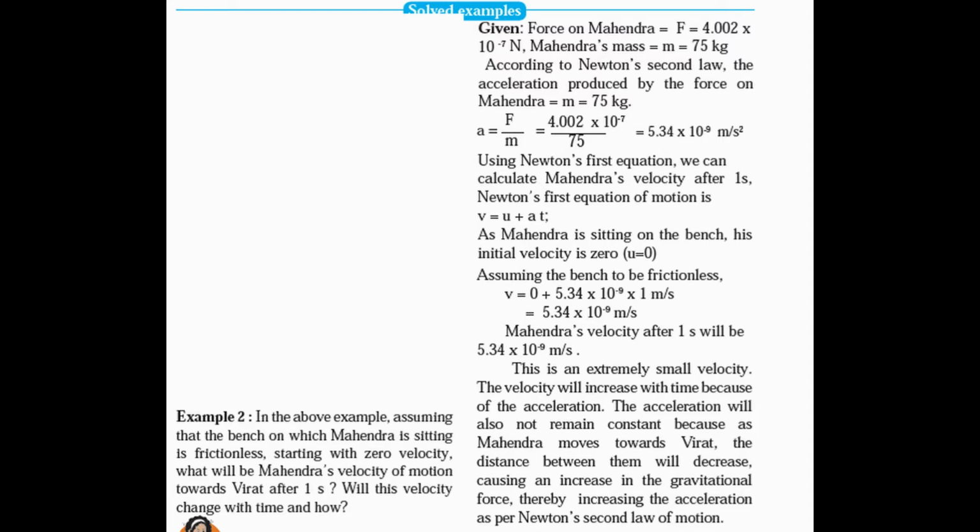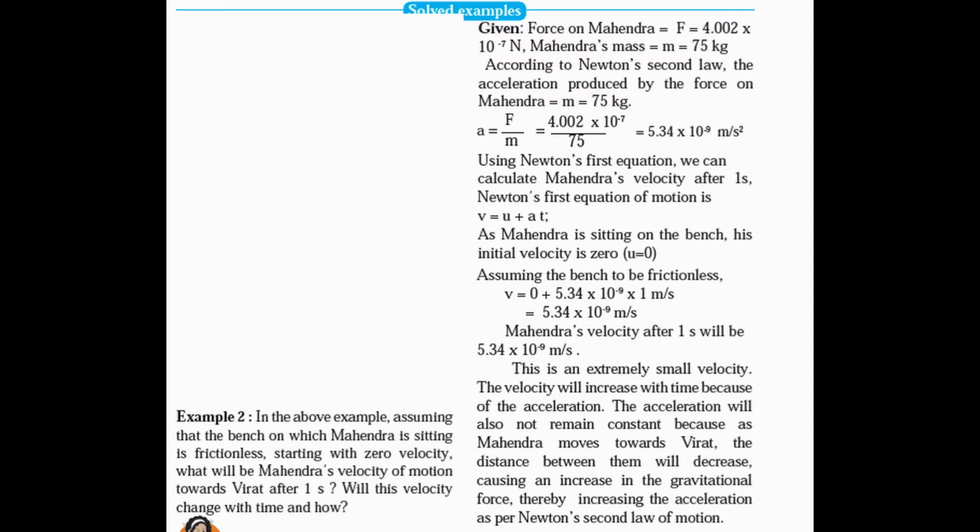Now using Newton's first equation, we can calculate Mahindra's velocity after 1 second. Newton's first equation of motion is v is equal to u plus at. This is a very important equation. Remember this: v is equal to u plus at. As Mahindra is sitting on the bench, his initial velocity is 0. So u is equal to 0.